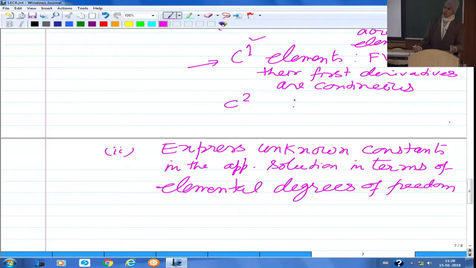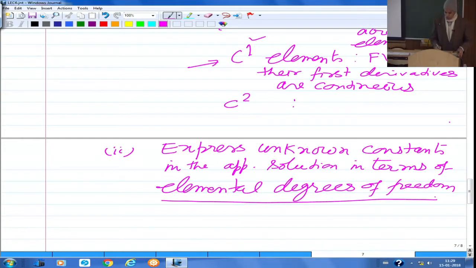In interior nodes, you can have fewer degrees of freedom than at the boundary nodes. When you count all of those variables across all the nodes of an element, the total is referred to as the elemental degrees of freedom. So in the next step we express the unknown constants in the approximate solution in terms of elemental degrees of freedom.